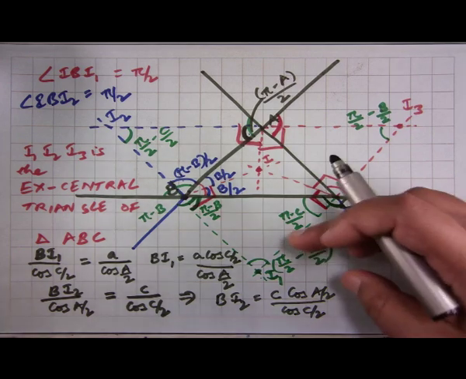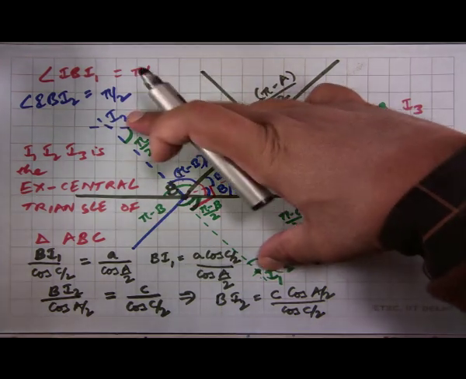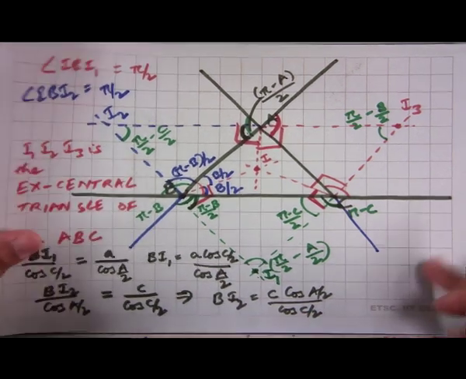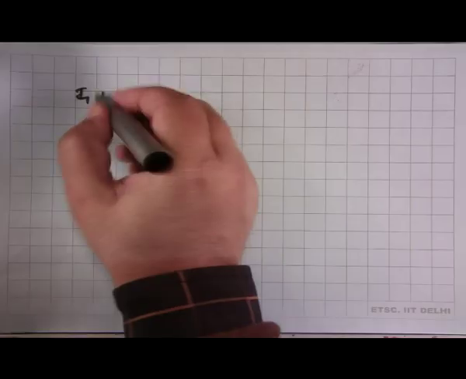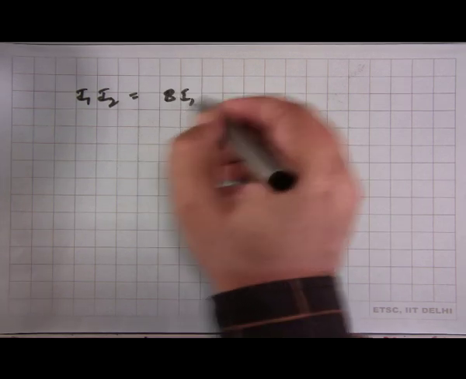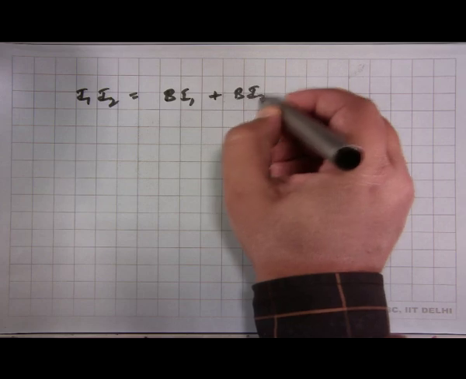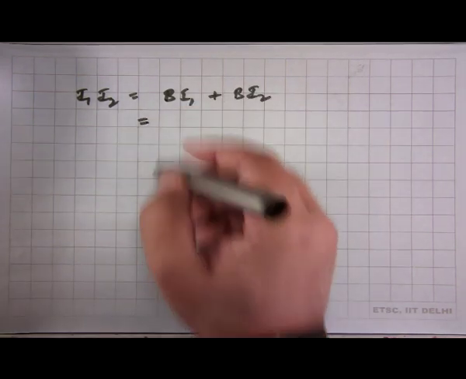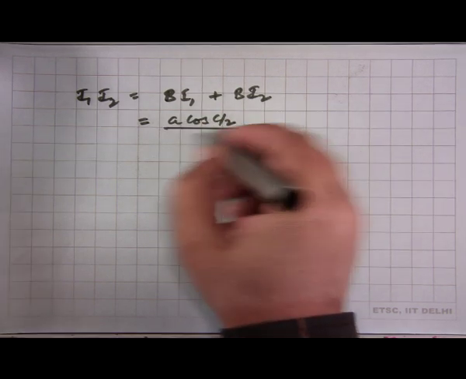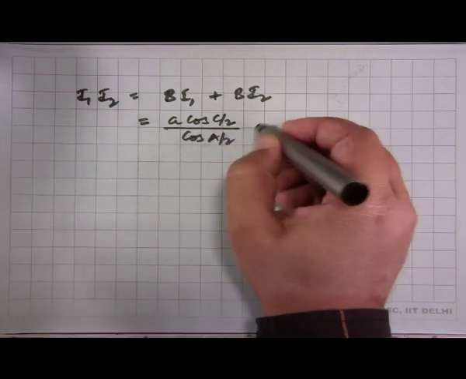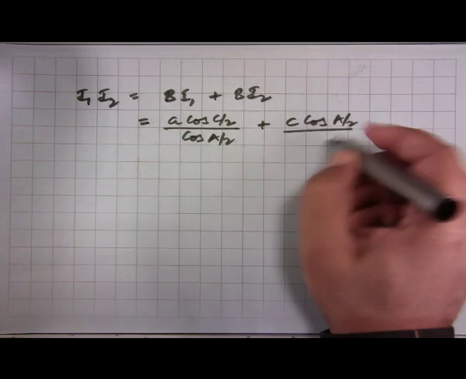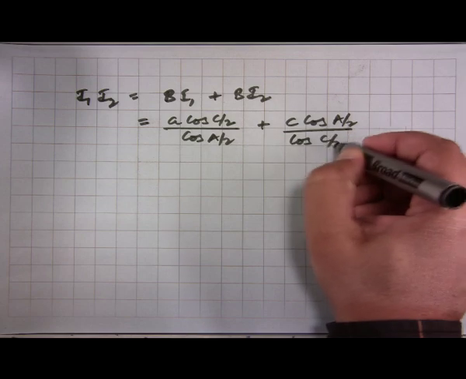So, now to find the expression for the length I1I2, we just need to add these two expressions, and therefore I1I2 is equal to BI1 plus BI2, which is equal to a cos(C/2) over cos(A/2) plus c cos(A/2) over cos(C/2).